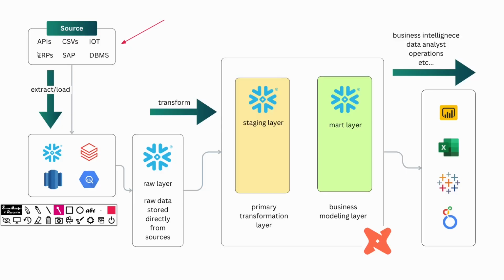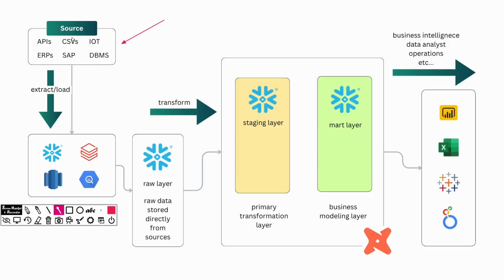You may have various APIs, CSV files, IoT sensors, and various other sources, right? This data is then extracted and loaded into any sort of database or data warehouse. You could have Snowflake, Databricks, S3 buckets, or BigQuery, or a number of them also.